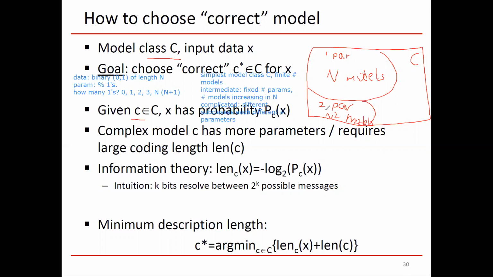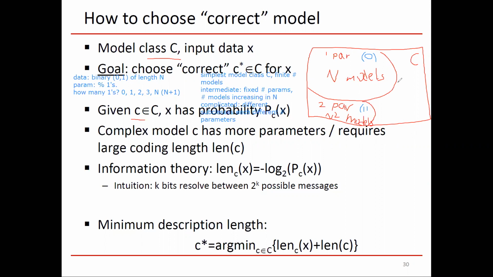The first bit is going to specify whether you're in the one parameter class or in the two parameter class. Let's say that here in the one parameter class, my first bit is a 0. And in my two parameter class, my first bit is a 1. So I spend one bit describing which subclass I'm in.